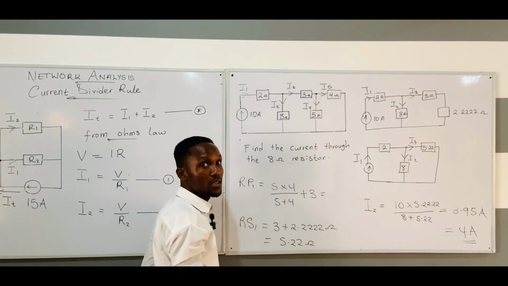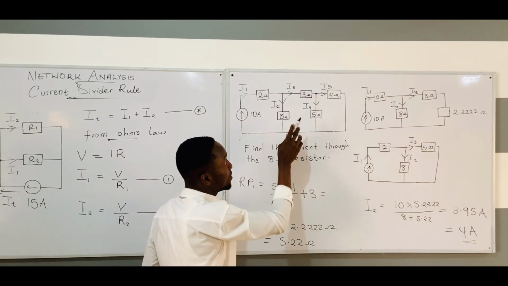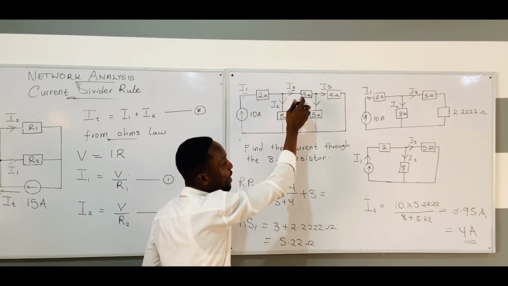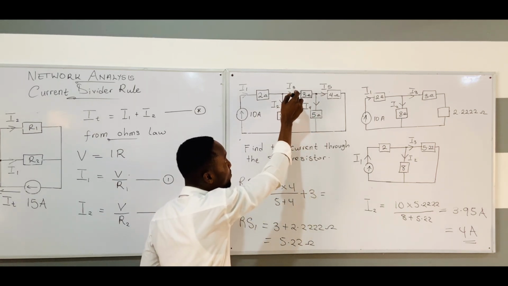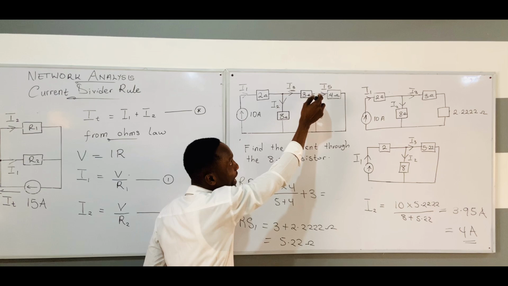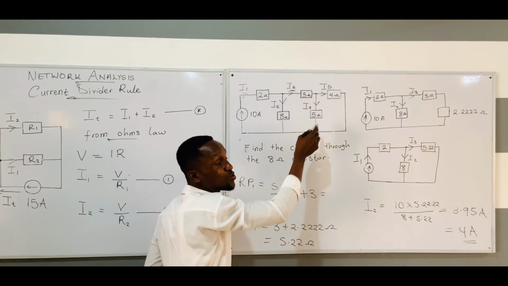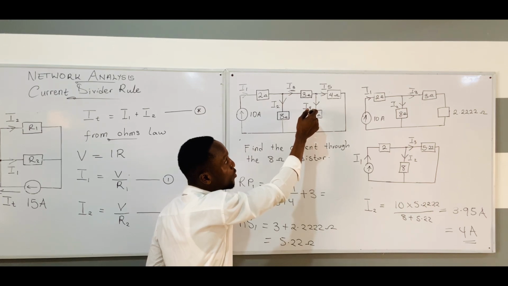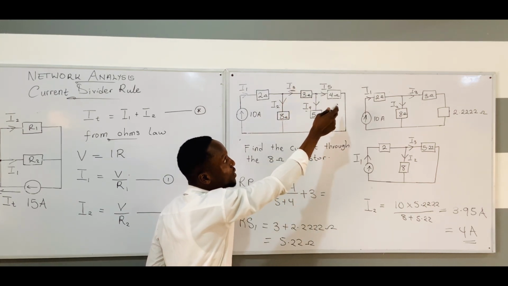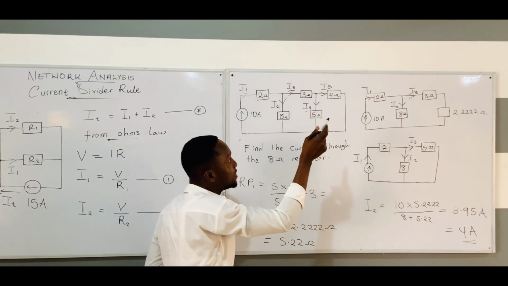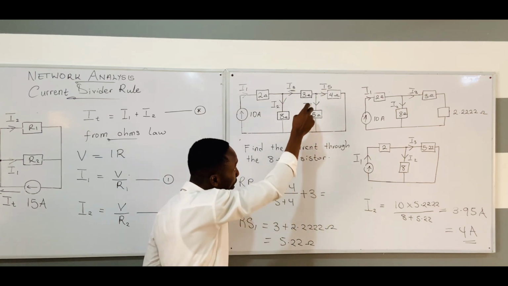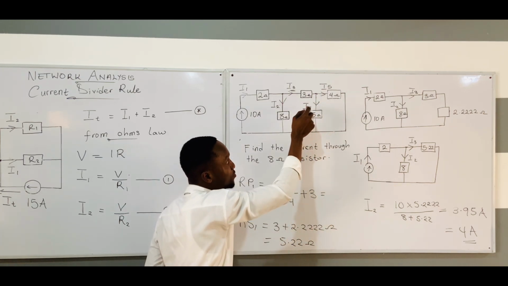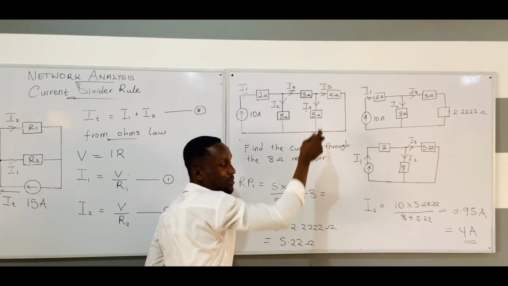Now note, they can ask you to find the current that is passing through the 4 ohm and the 5 ohm. If that happens, because you already know the value of I3, note that I3 becomes the source supplying this node. So you just use the same current divider rule. If I want I4, I will just take I3 multiplied by the opposite resistor, the 5 ohm, divided by 4 plus 5. I can subtract the answer from I3 to get I5.